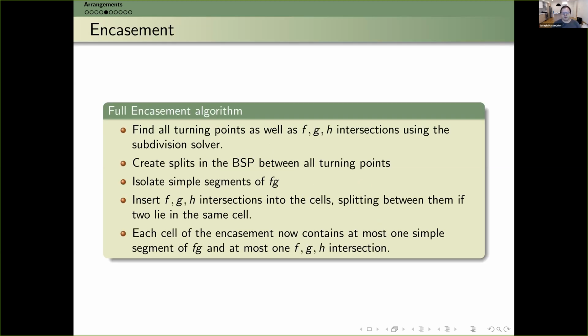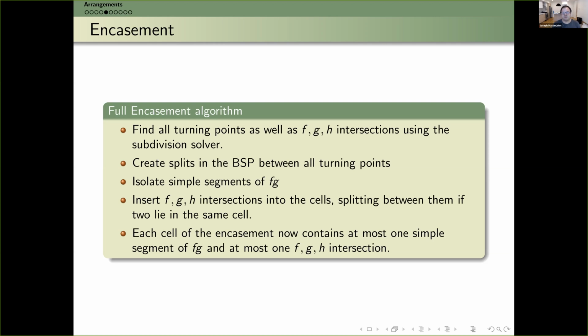So most of the computational time is in the subdivision solver finding the vertices. After that, we create a binary space partition to isolate all of the intersections, and we have a few predicates on the leaf nodes of this BSP.